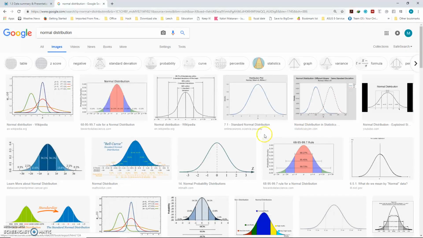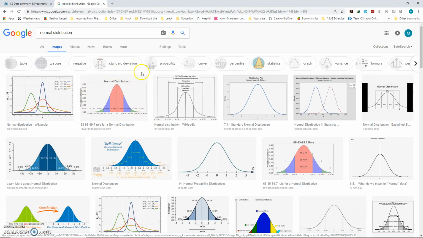It has a hill-like shape. In other words, it is known as a bell curve. It starts low, and in the middle it will have the highest point, the peak, and then it will go down again. That is what it means by normal distribution. In other words, not skewed.